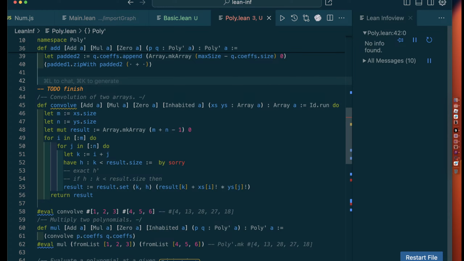So can you put it in? Okay, that's what it is, isn't it?